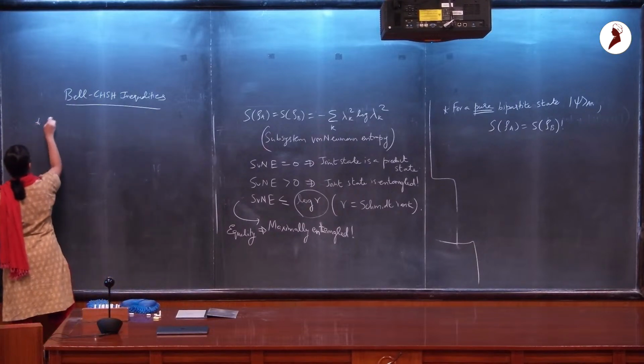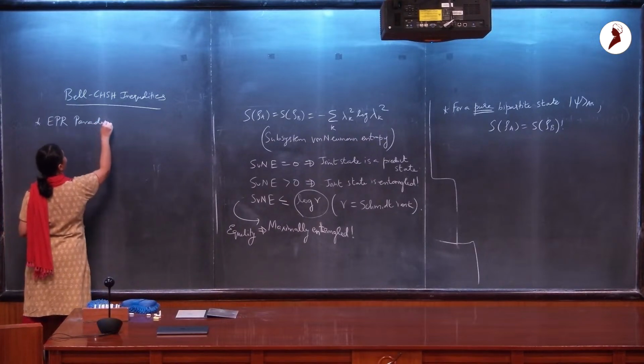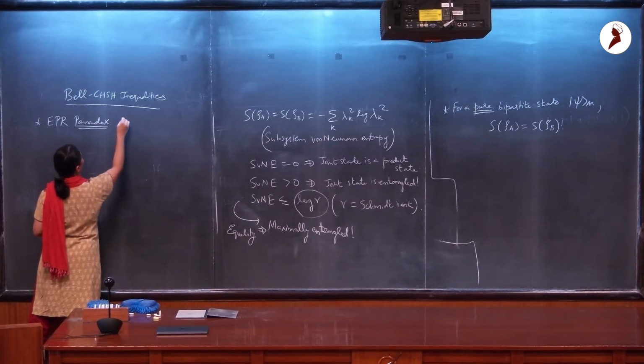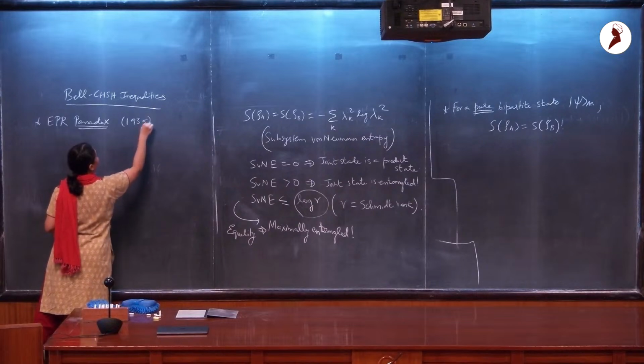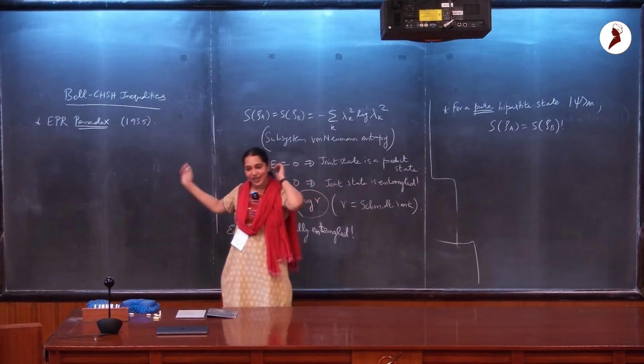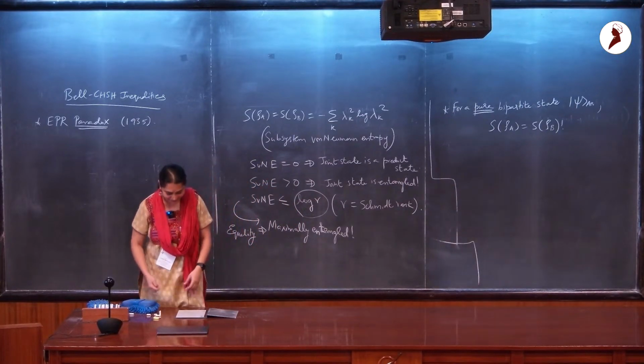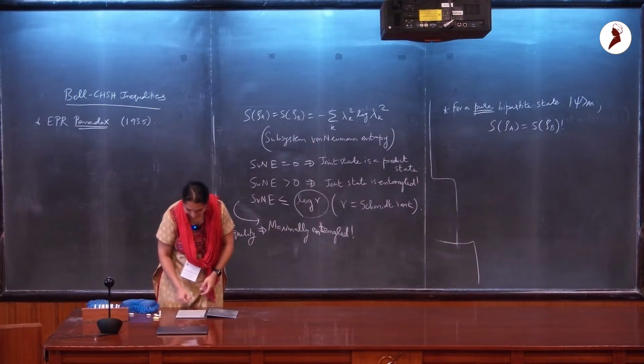So the story starts with the famous EPR paradox paper, 1935. And as we heard the previous lecturer say, whenever you say there's a paradox, it means you do not probably understand something very well, right?